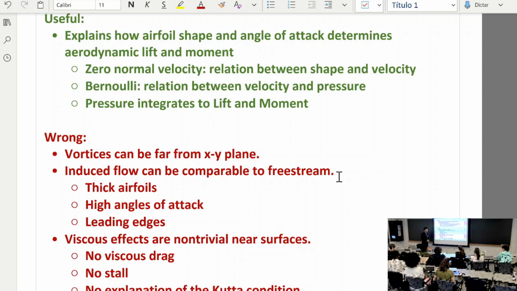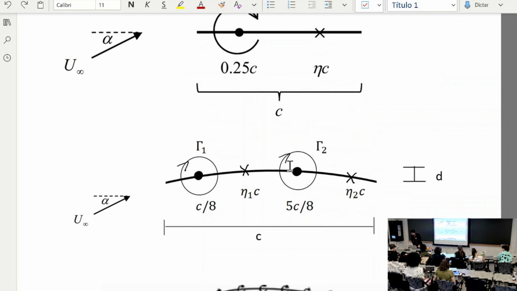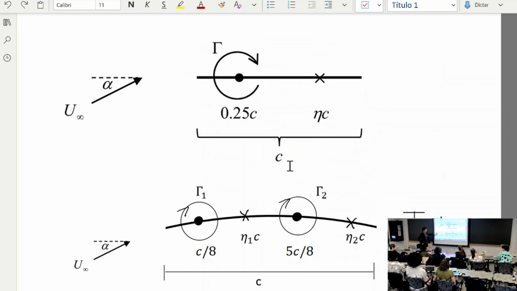No stall whatsoever, right? You can generate extremely high lift coefficients and still have zero viscous drag, which is fantastic but not true. And it has no explanation of the Kutta condition. I haven't told you about the Kutta condition yet, but even in your homework, there is an implicit reflection of the Kutta condition in that all your control points are downstream of the vortices.